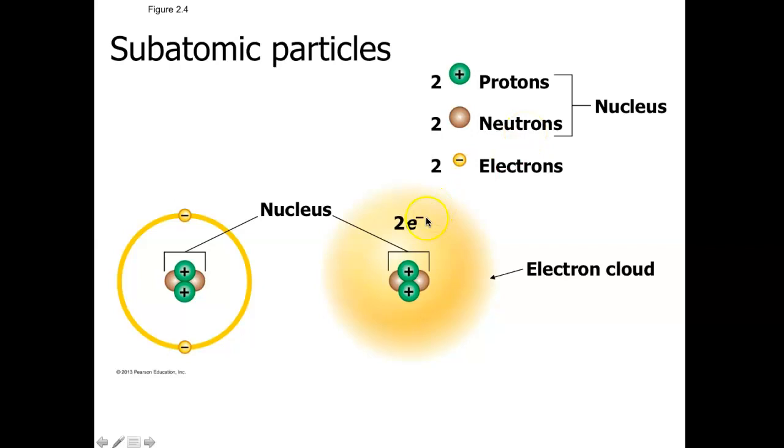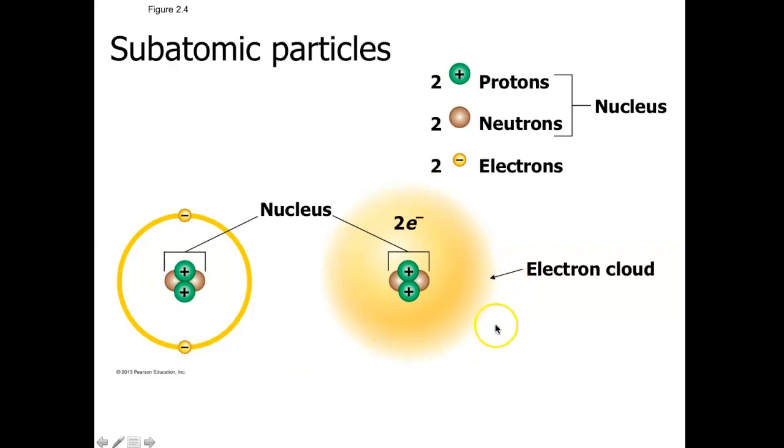Orbiting the nucleus in a cloud, a lot of times we have these rings depicted around the nucleus, and that's just an easy way to draw the electrons orbiting the nucleus, but in fact it's more like a cloud, and these clouds have different shapes. So just keep that in mind.